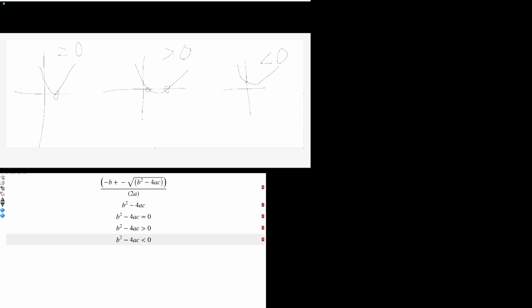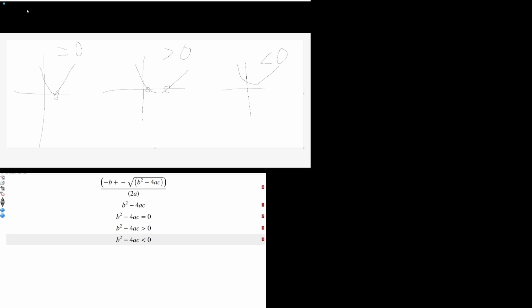So here, when it's less than 0, it doesn't touch at all, which means it just lies above the x-axis, never touching. So that's basically what the discriminant is able to explain about the nature of the graphs. We've done things to see where the graph lies, the shape of the graph, that sort of thing. Now we're getting into what happens when you want to know more specifics about it, and this allows you to work with some previously unknown information.